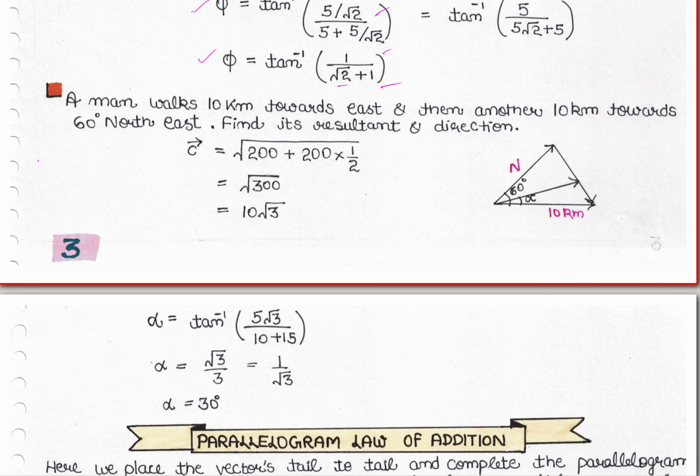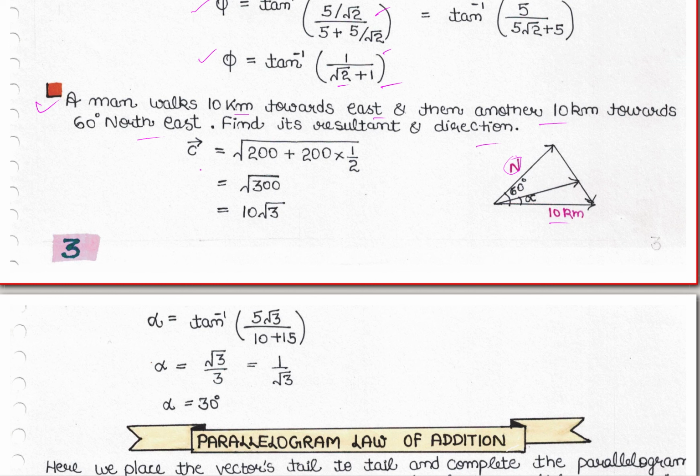Now second example: if a man walks 10 km towards east and then another 10 km towards 60 degree northeast, find its resultant and direction. So this is our figure, 10 kilometers making an angle alpha, and this is our north direction, which is at an angle 60 degree with the east.